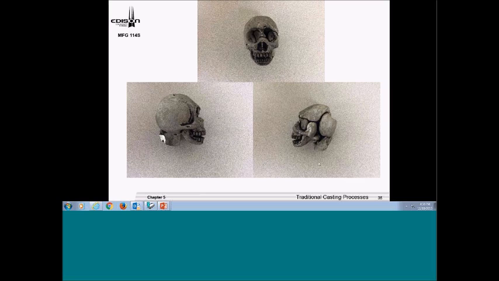And he did pour this, and I asked him if I could have it, because he actually made another one, and we changed the runner around a little bit, and the sprue, and the riser, and we came up with a very good casting.